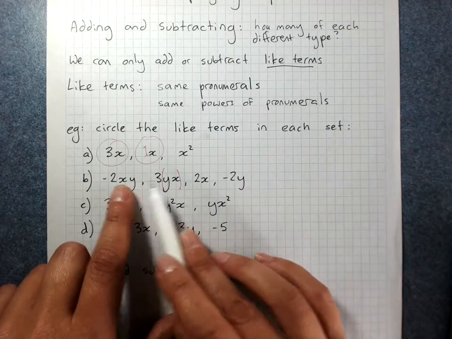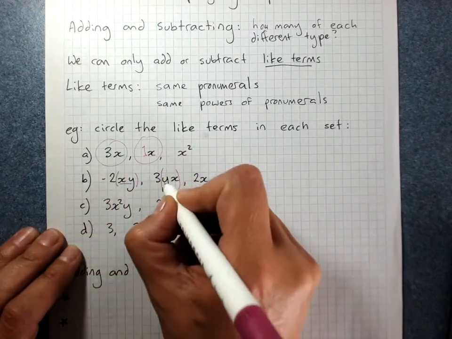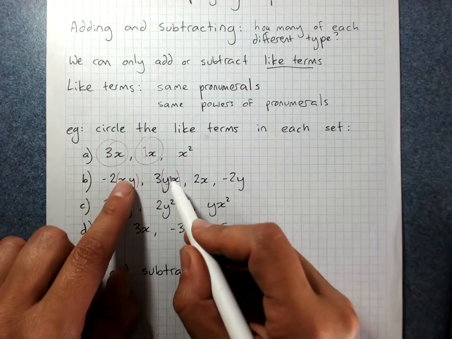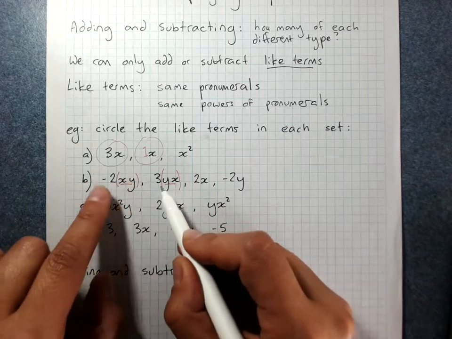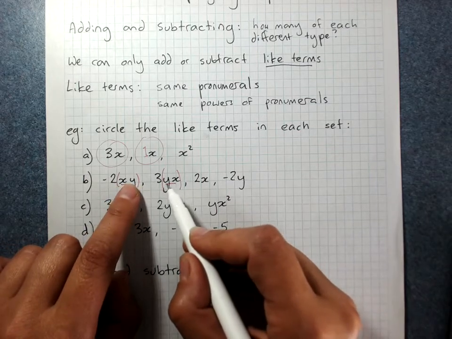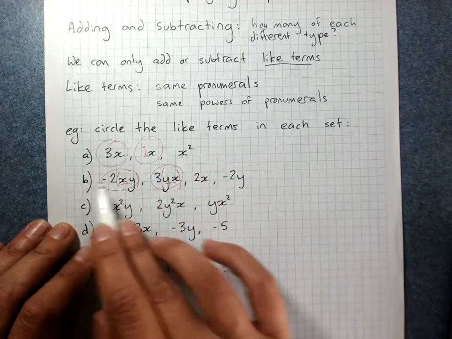But xy and yx, we're trying to be tricky. It's the same pronumerals, x and y, and the same powers, no powers. xy and yx are the same thing because the order doesn't matter. So these two are our like terms in this set.